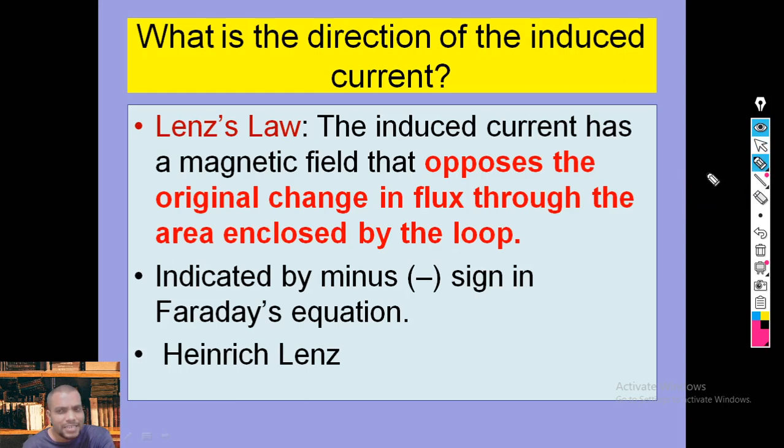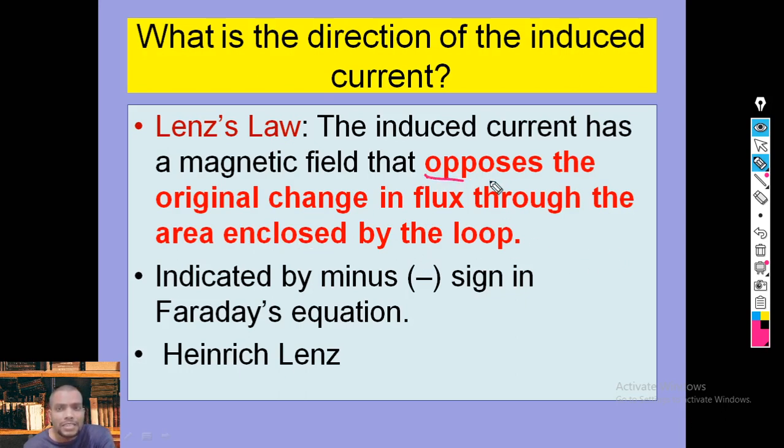It is a little tricky as a definition, but try to get it carefully. Since the induced current has a magnetic field, and a magnetic field comes with poles, north and south, the poles develop in that current carrying element in such a way that they oppose the original change in the flux through the given loop of area.